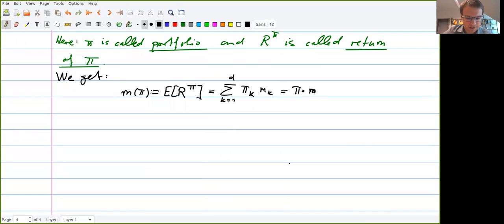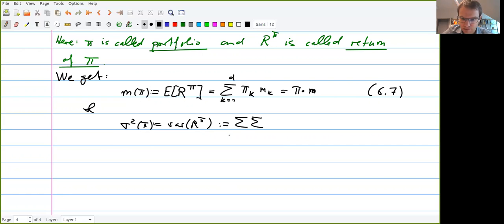Okay, that's cool. And what can we say about the variance? Okay, I need to label this for later use, probably. So what can we say about the variance if we invest with respect to pi? So this is my variance of the returns of pi. Well, I just have to calculate it.